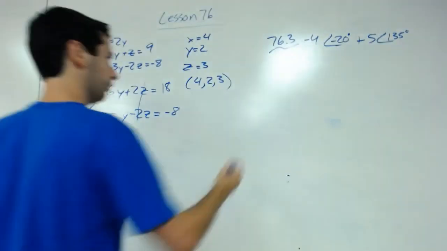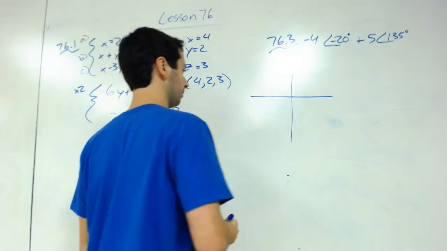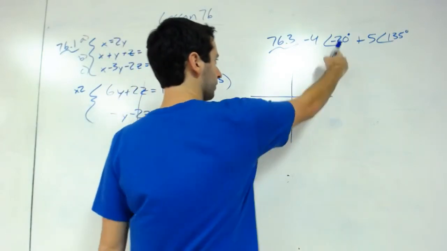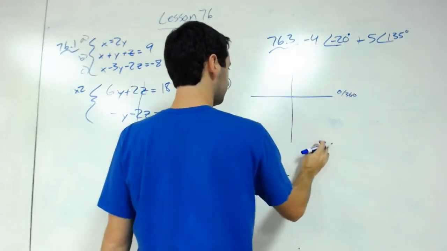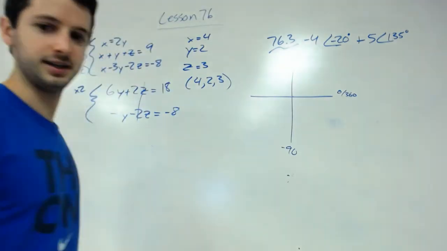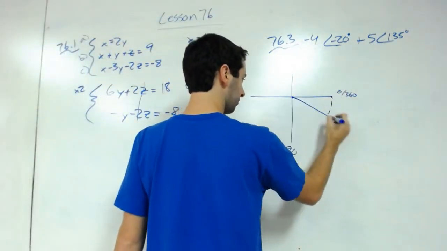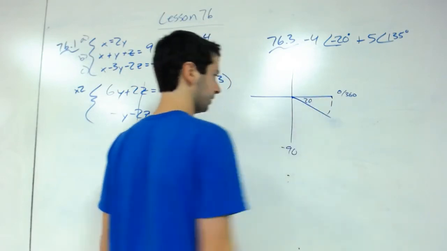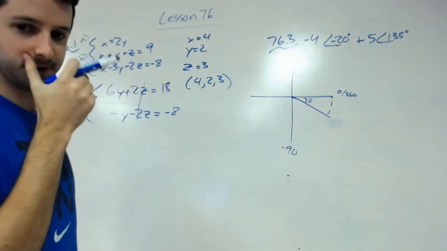We start with our coordinate grid. If we're going negative, call that 0 and 360. If we're going negative, we go this way, so that would be negative 90. So 20 would land somewhere in there. We know that's 20 degrees, technically negative, but we keep it positive there.